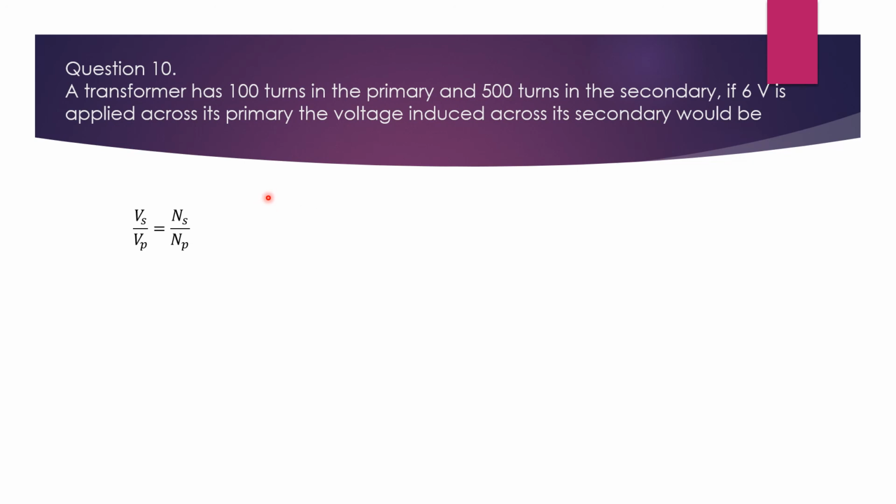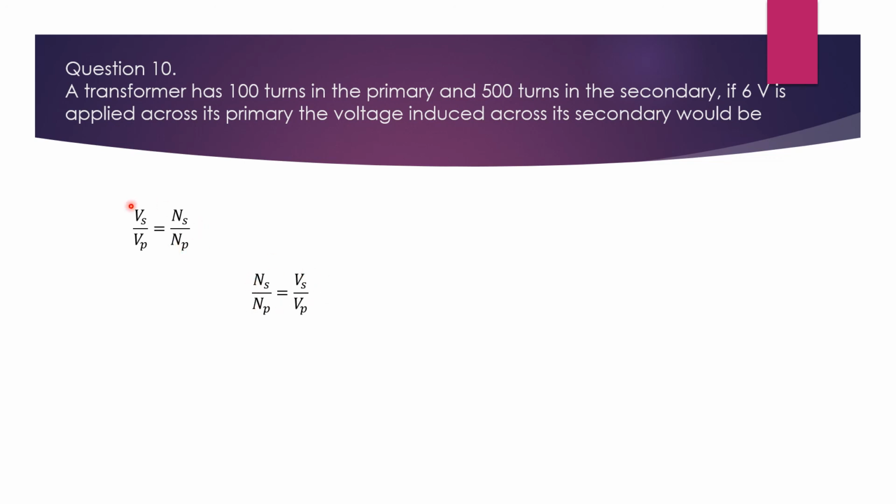So the formula given for the transformer, voltage to number of turns, is Vs over Vp is equal to Ns over Np. It can also be written as Np over Ns, Vp over Vs. We can switch the denominator with the numerator on both the sides, or we can also say it is Ns over Np is equal to Vs over Vp.